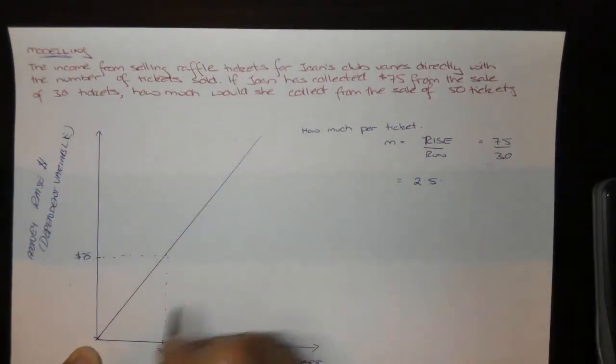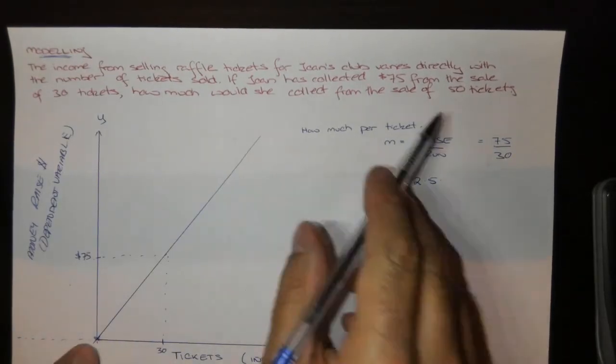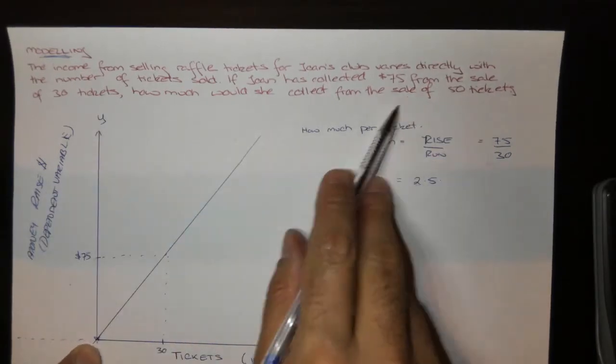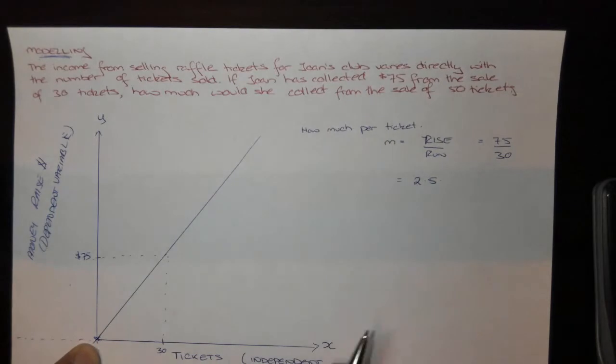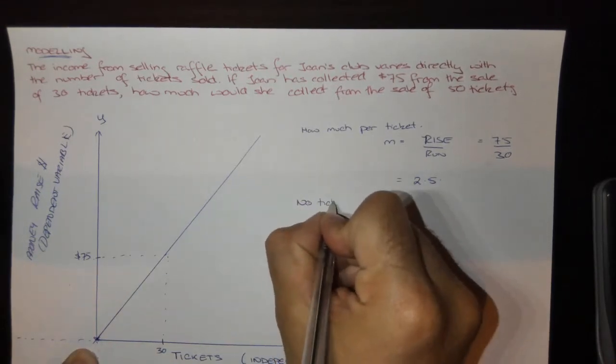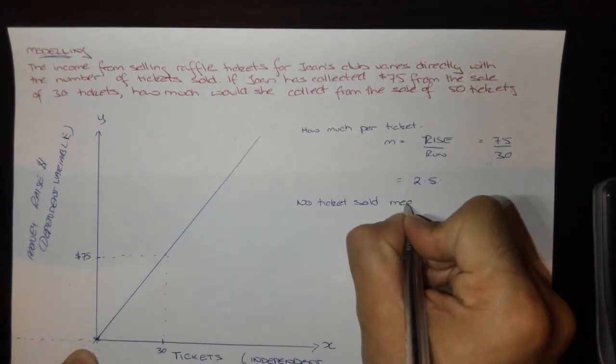Now, my y-intercept, if we continue this on, this being your x and this being your y, is 0 at this point. Because it doesn't say that she's got any money saved or she had to use money to buy the raffles. There's none of that. It just assumes that if we sell no tickets, we have no money. Yep. So no tickets sold means no money raised.